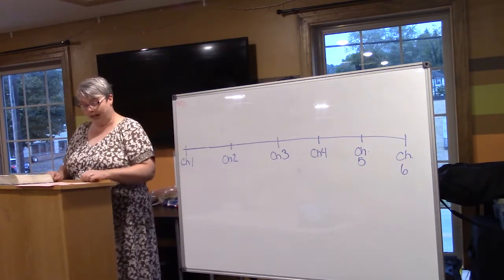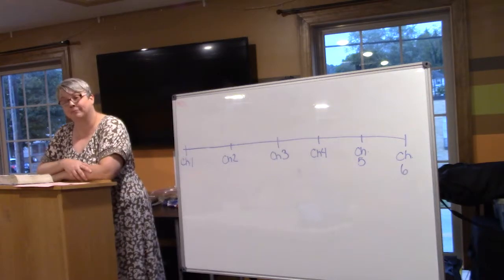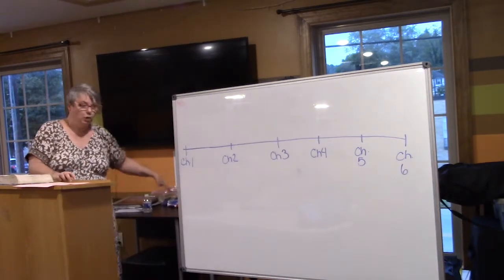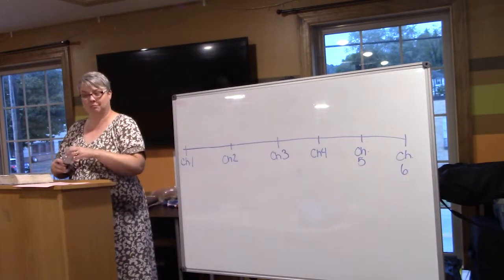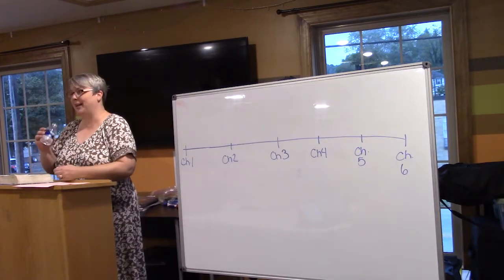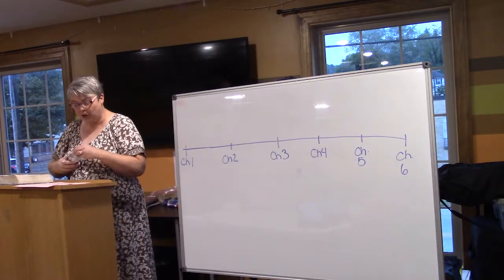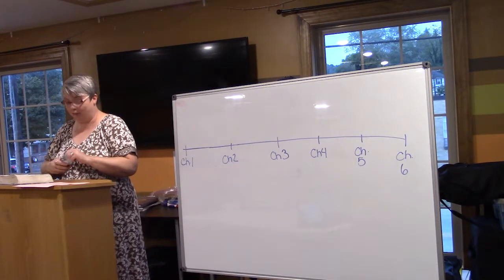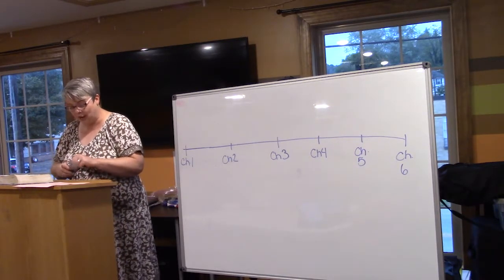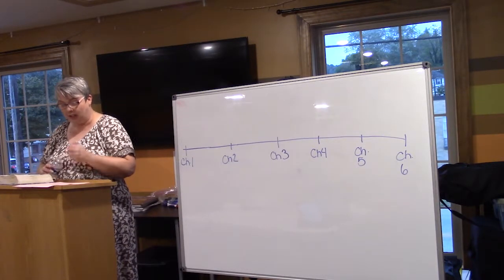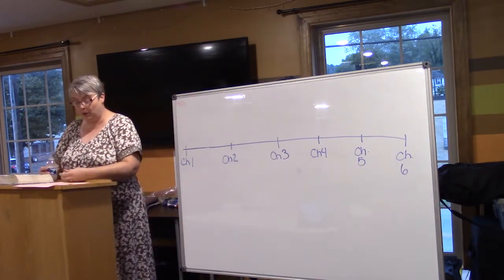So, what happened to Daniel in chapter 6? Who did he go visit? The lions. He went to go visit some lions. And how did that turn out? Very good. The living God delivered him. Again, we see a lot of deliverance in the book of Daniel.